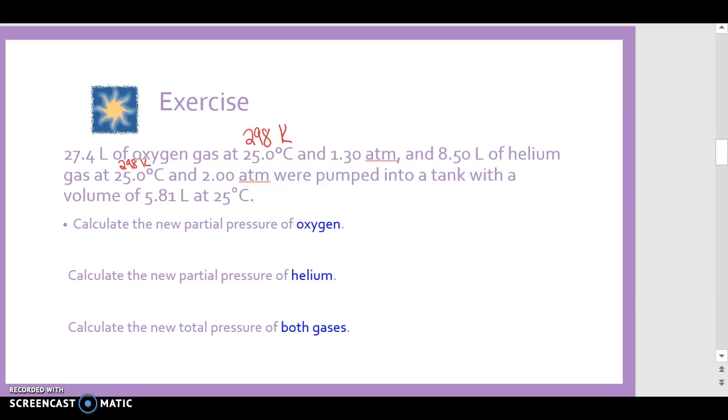So temperature is staying constant the whole time. Calculate the new partial pressure of oxygen. I'm giving you a minute to think through what you're given here.